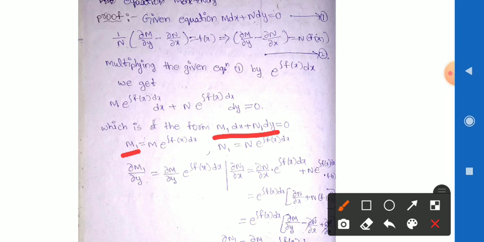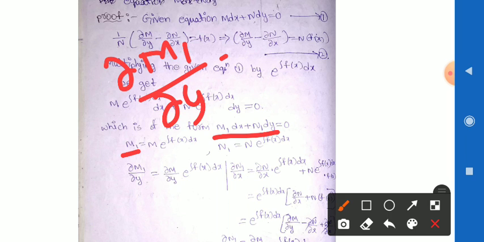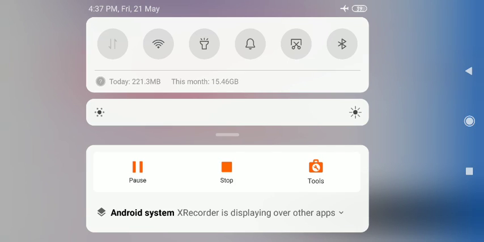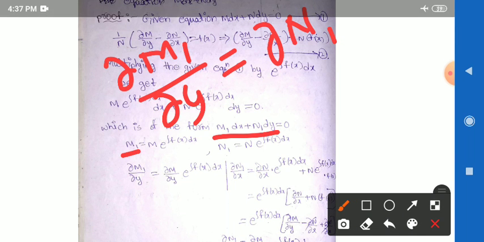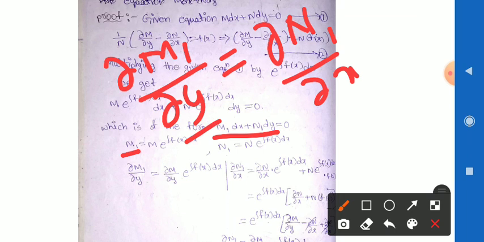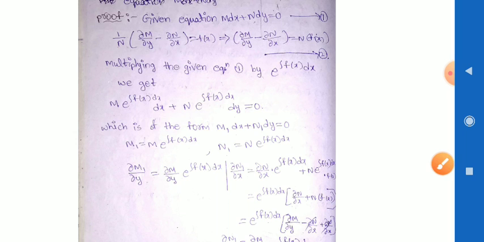For that I am checking ∂M1/∂y and ∂N1/∂x. If ∂M1/∂y equals ∂N1/∂x, then we say that the equation M1 dx plus N1 dy equals 0 is an exact differential equation.